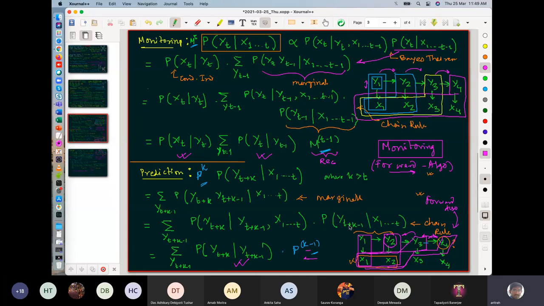Because we are predicting the future, k is greater than t. So what is the problem with k plus t? K plus t must be greater than 2t. Yes, I'm doing minus 1 every time.